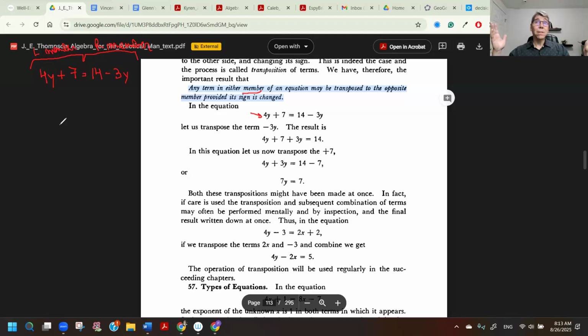Then we have another word, terms. What is a term in mathematics, in algebra? Caleb?